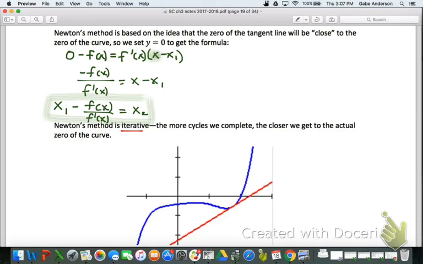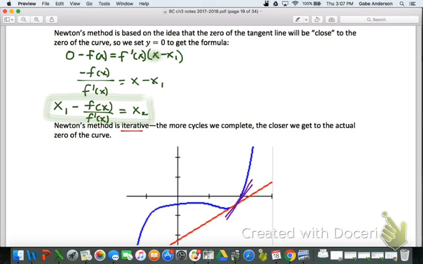But if I use that approximation that I just got and improve upon it, I could make my tangent line steeper and steeper yet. Eventually my tangent line is getting closer and closer to the same zero as the curve. And actually pretty quickly, we're going to see that the zero of our approximation gets very, very close to the zero of the actual curve.